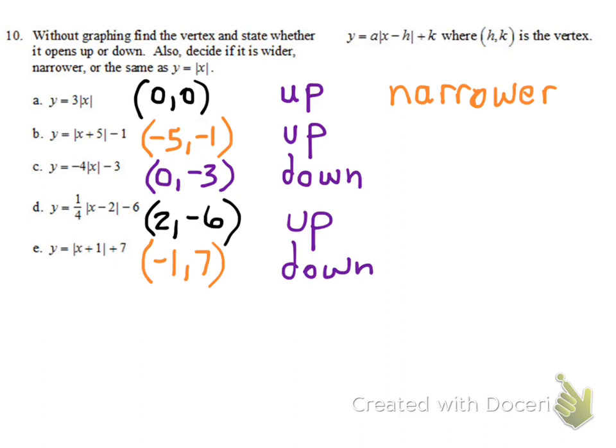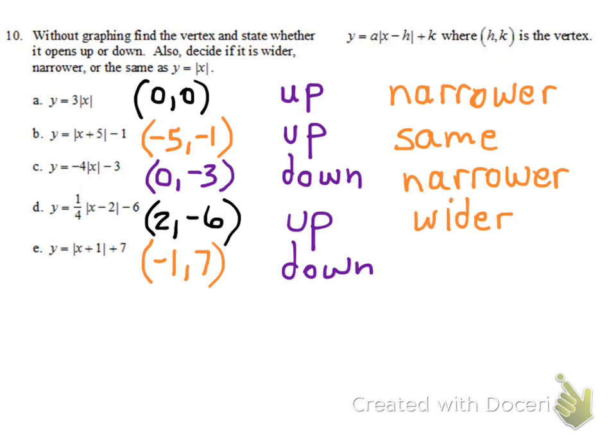If it's 1, then it's the same. So on B, we have 1, that's the same. Absolute value of -4 is 4, that's greater than 1, so it's going to be narrower. The negative makes it open down, but it's going to be narrower than y equals absolute value of x. Part D, the absolute value of A is less than 1, so that produces something that's wider, or we could say less steep.